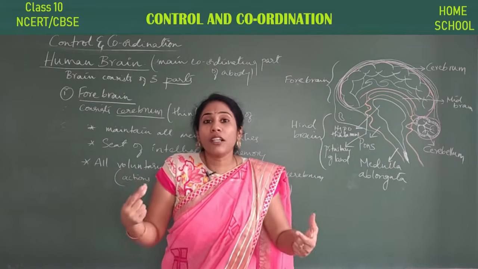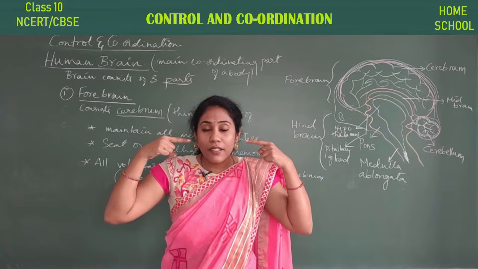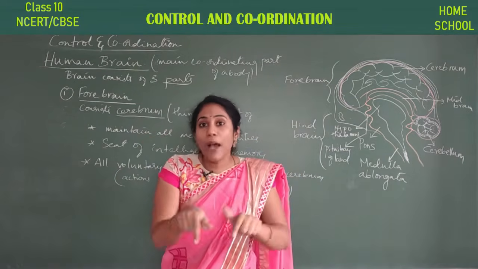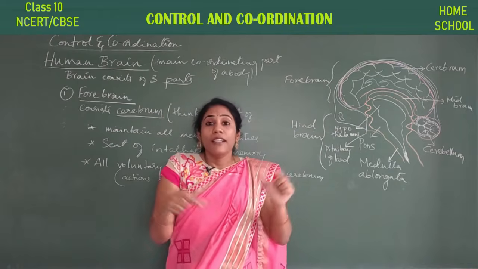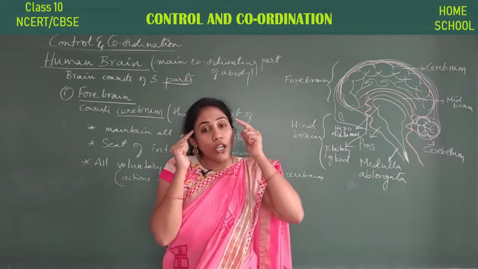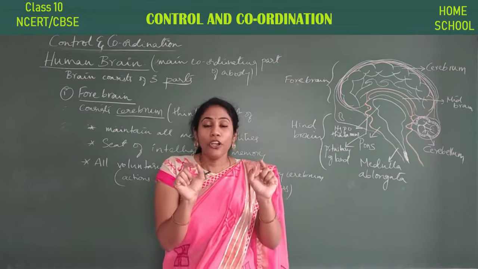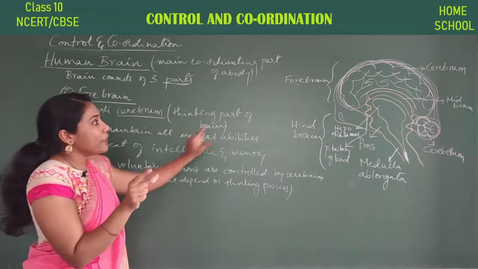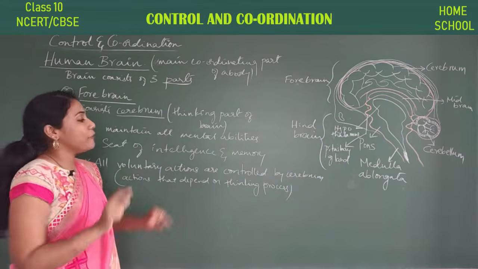If you want to talk, it depends on your thinking process. If you want to stop talking, your brain has to tell you to stop by sending a signal. Whichever activities depend on your thinking process are controlled by which part of the brain? The cerebrum.